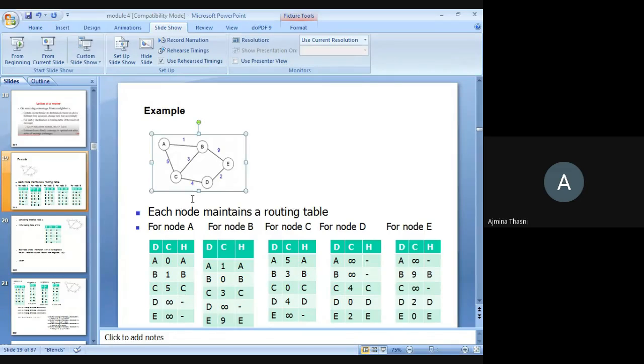Take it down fast. A, B, C, D, E. 5 nodes you have. The cost will be equal to 1, 5, 3, 4, 2, and 9. All of you have taken it?